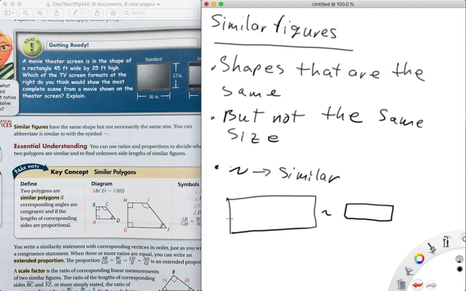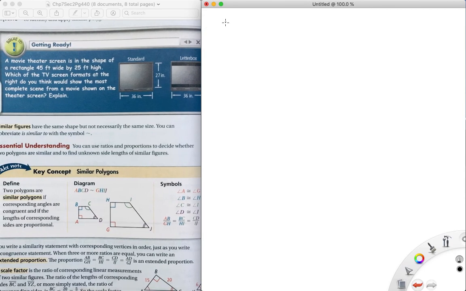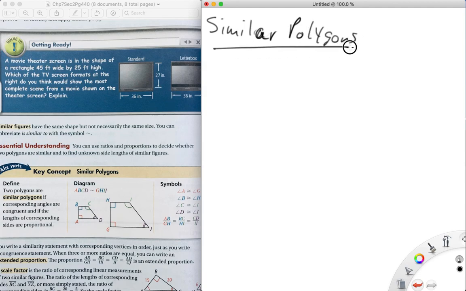In terms of similar polygons, in order to label something as similar polygons, they all have to have congruent corresponding angles.